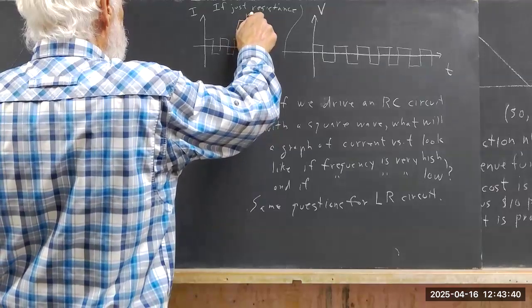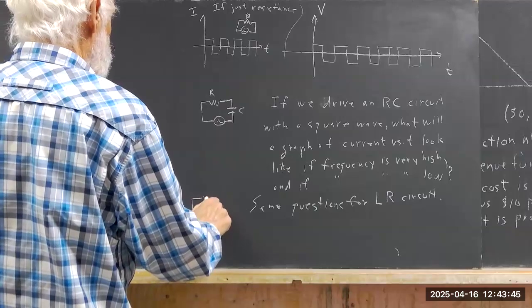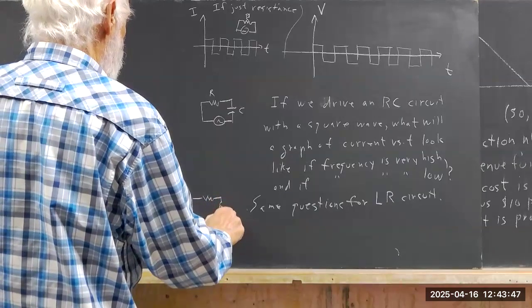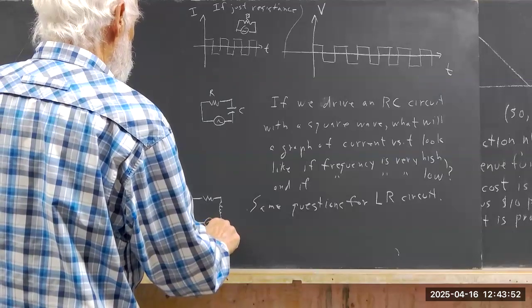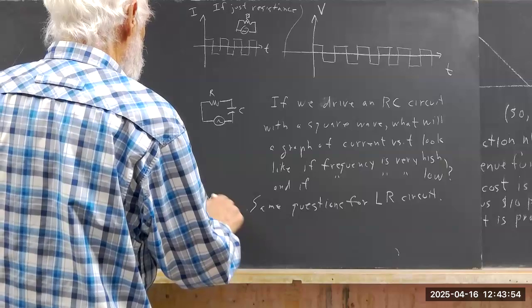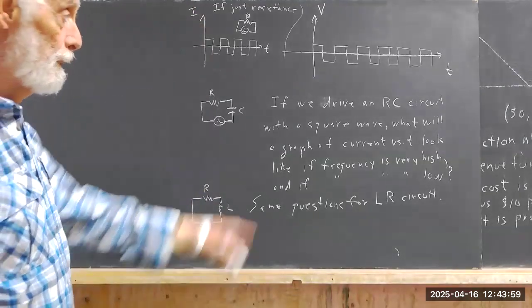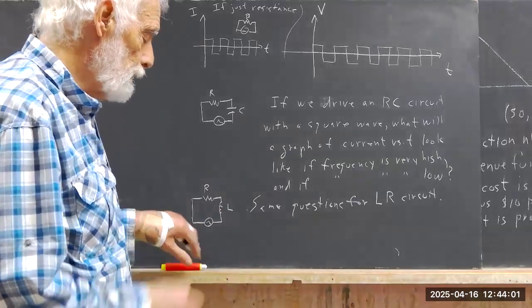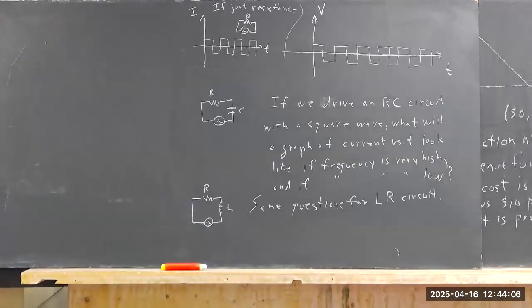With a capacitor, or here, same thing, but with an inductor. Very simple circuits driven this way. What's it going to look like? You've got about 5 minutes to think that through. And if you have ideas in that time, just holler at me and share them.